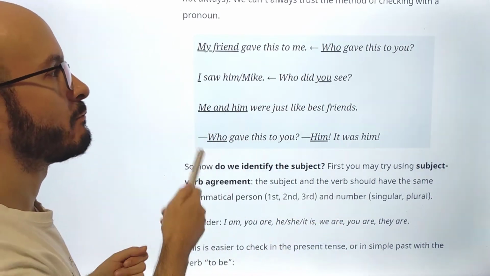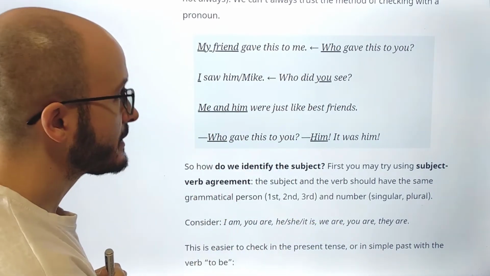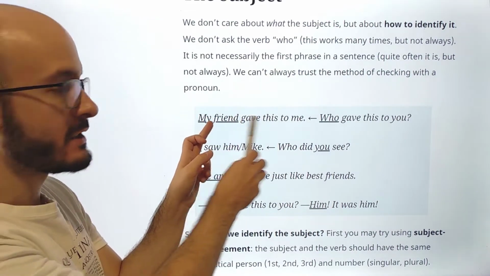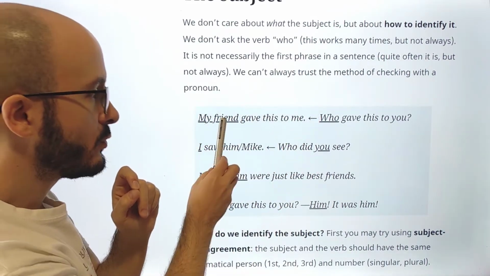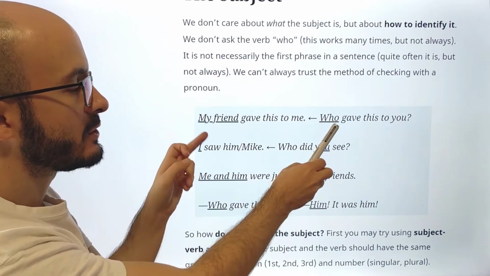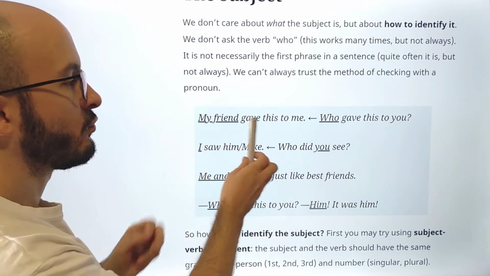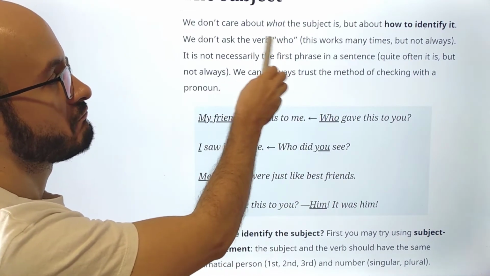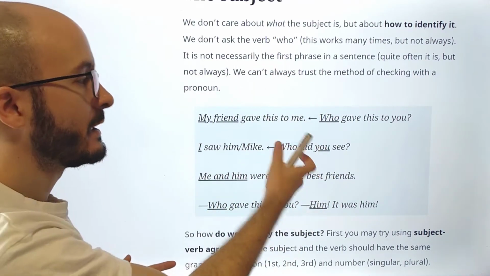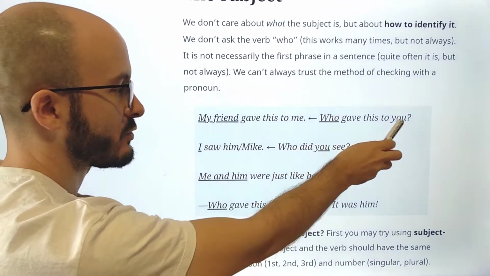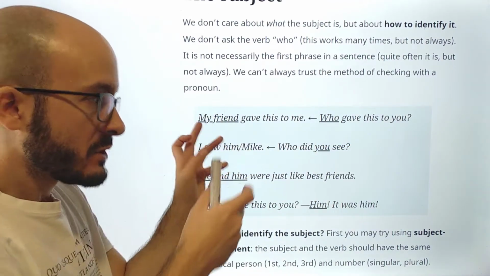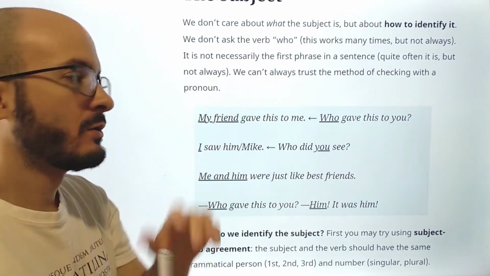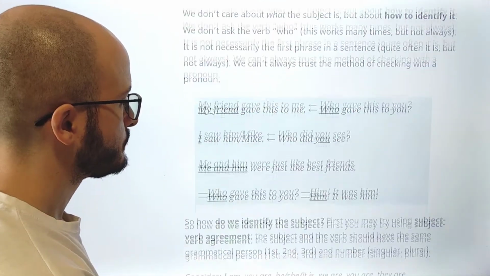That's quite basic, and here it is the first phrase of the sentence. We can change it for he, and if we ask the verb who, it answers: who gave this to you? My friend. So yes, many times all of these tricks work, but not always.